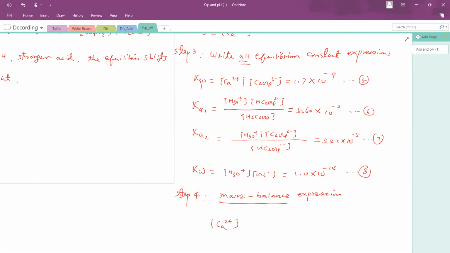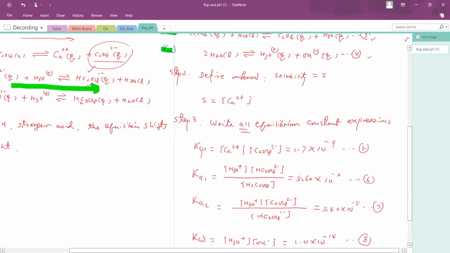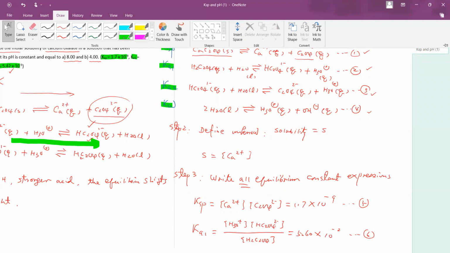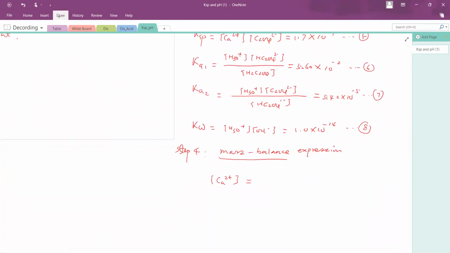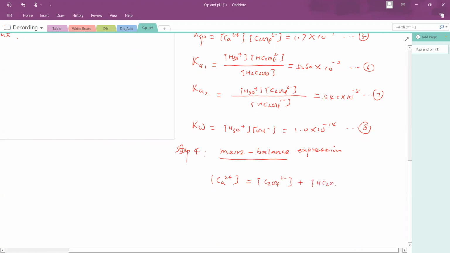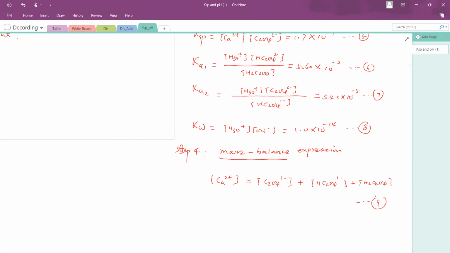But for the oxalate, there were 3 species. Let's go back. 3 species for the oxalate, which is 1, 2, 3. Can you see? So the concentration of calcium ion equals the sum of the oxalate species, and that is equation 9. This is a mass balance.